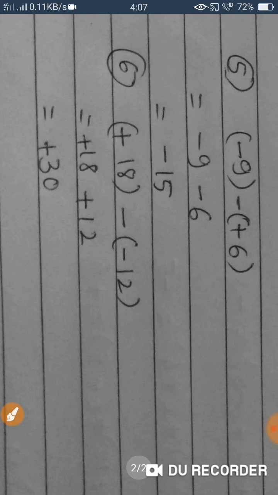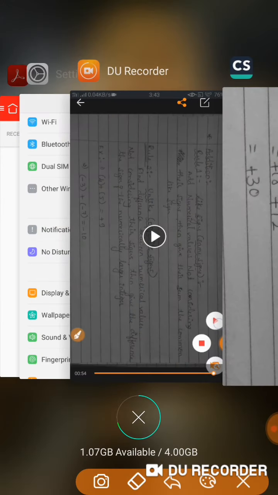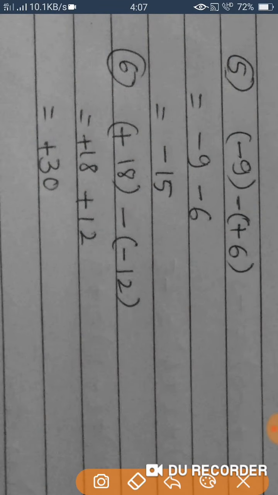So next, minus 18 is the first integer. Sorry, again and again it is going back. Minus 18 is the first integer, so I have written it first. Then after the minus there is an integer, I am neglecting this integer's sign.